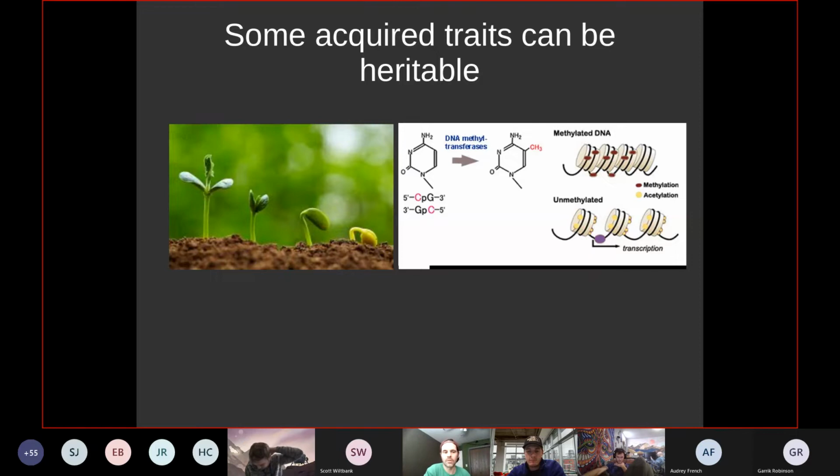This is how plant tissue culture works, right? You can take a little piece of the leaf and put it in the right growth medium, give it the right conditions, and it'll spring roots. And it'll grow a brand new plant out of that. And so plants that acquire mutations throughout their lifetime can actually pass those on to their offspring.